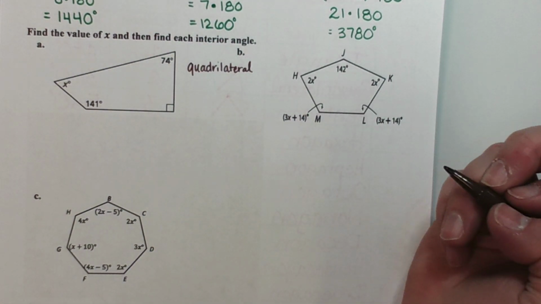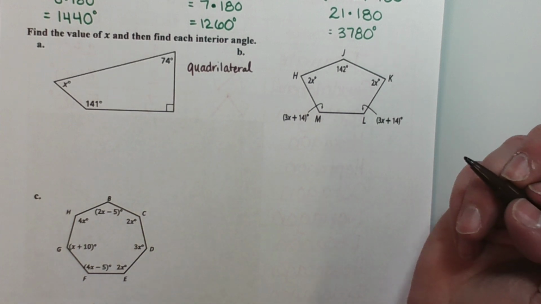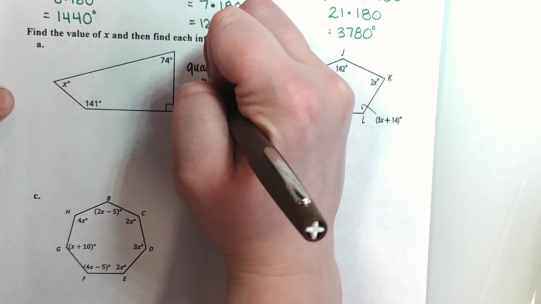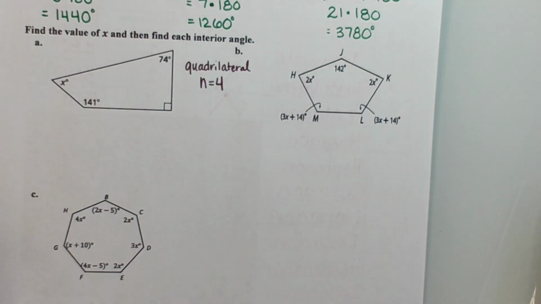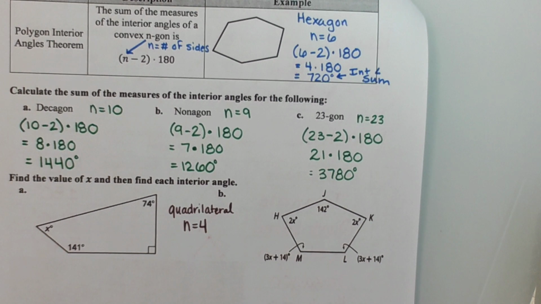Being a quadrilateral tells you it's got 4 sides. And if it has 4 sides, how can you figure out what the angles are going to add up to? If only there was a formula for the polygon's interior angle sums.